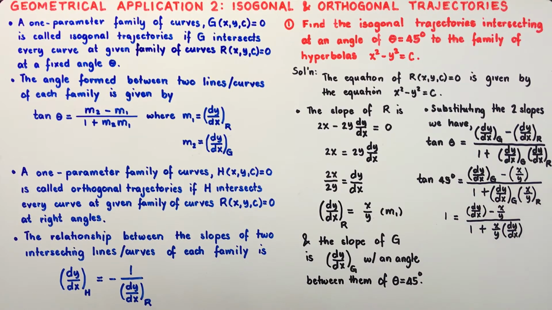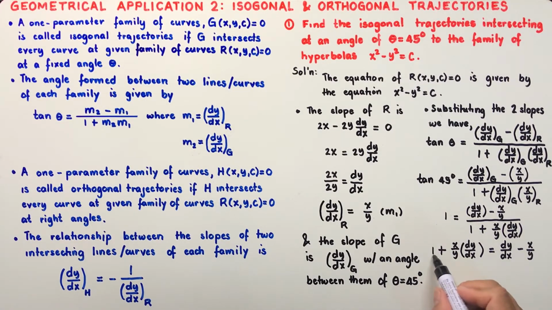And if we multiply both sides of the equation by this denominator here, we have 1 plus x over y times the derivative of y with respect to x, which is equal to the derivative of y with respect to x minus x over y.